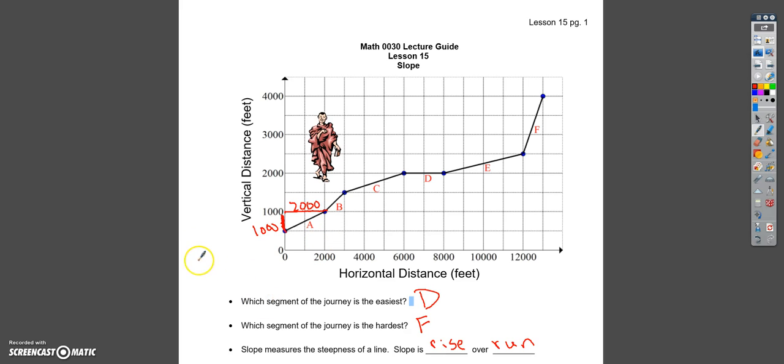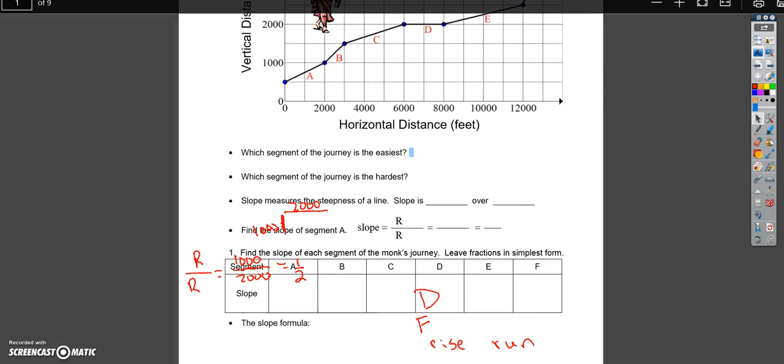So rise over run would be 1,000 over 2,000, which is going to reduce to 1/2. So the slope of segment A is this. And I just wrote it there. This is what I was doing right here.